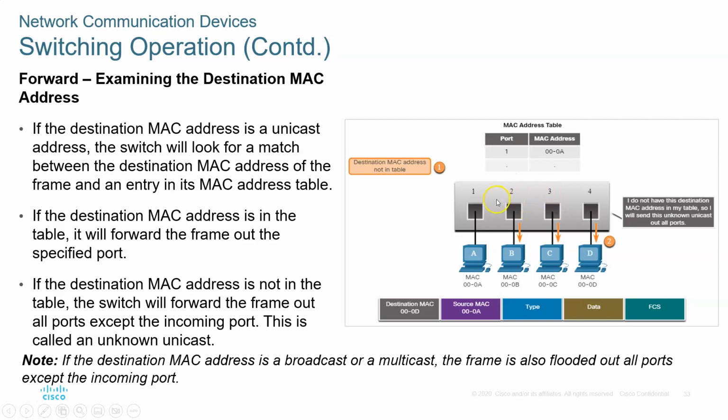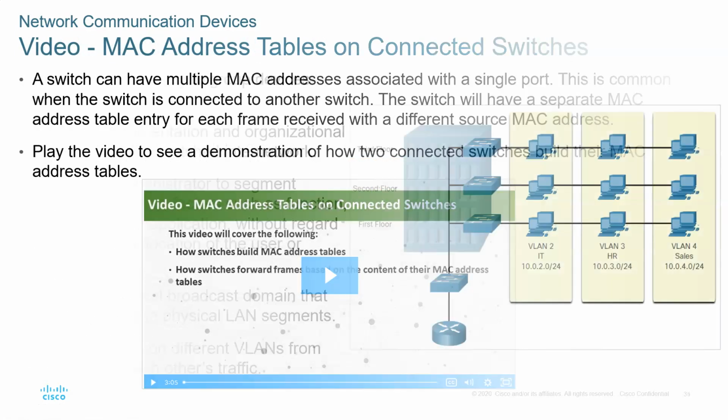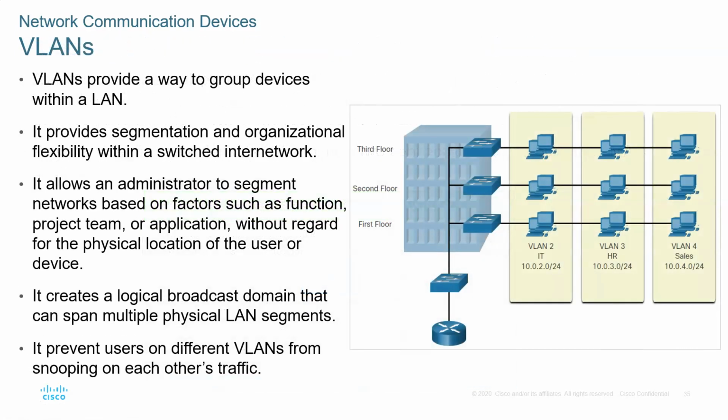You can take more ports for one VLAN and leave fewer ports for the other VLAN. That's what a VLAN really is, a virtual switch. So you have a physical switch that you can make into multiple switches. Here on this switch, you can have three VLANs: VLAN 2, VLAN 3, and VLAN 4.